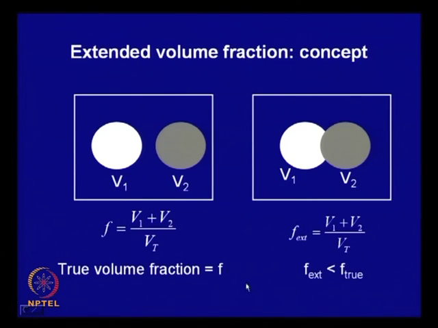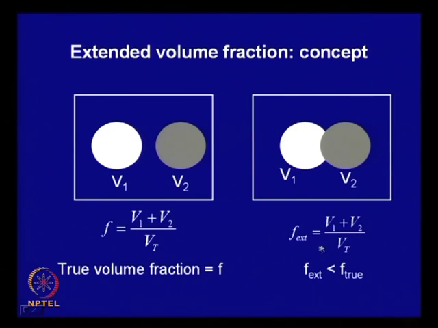If there is no impingement, we can call this the true volume fraction, whereas in this particular case there is an area where these two are overlapping. Nevertheless, we can still calculate a volume fraction using the same expression.